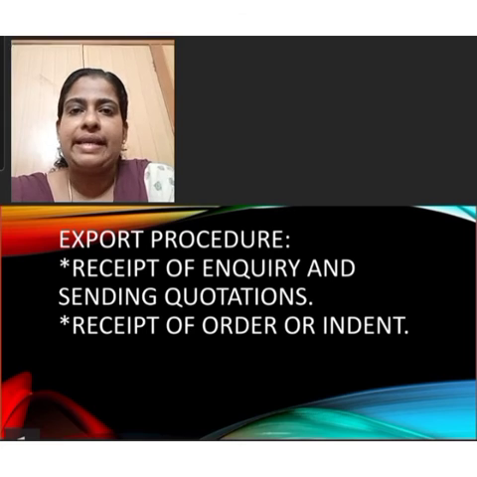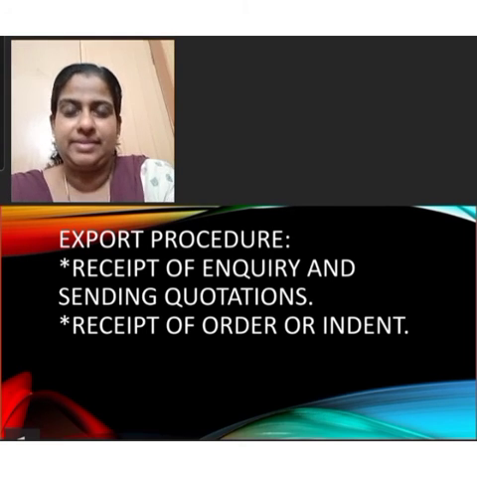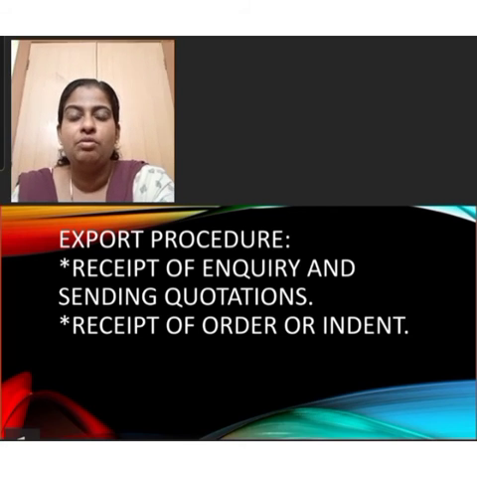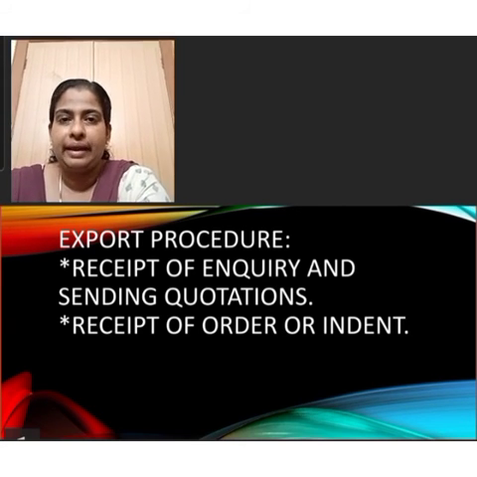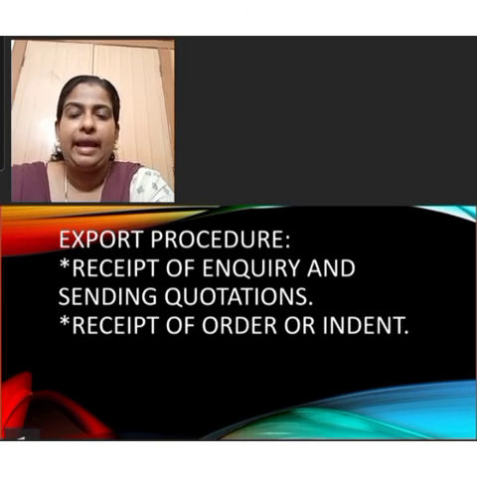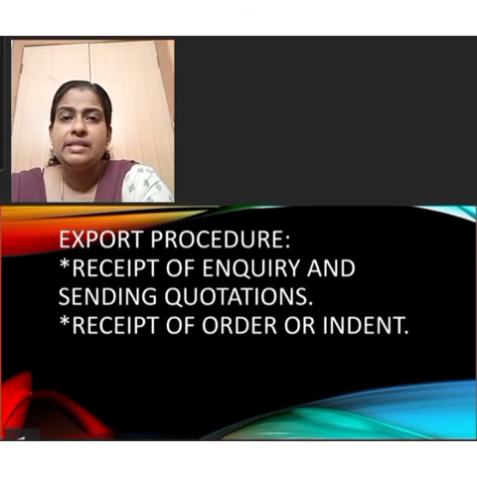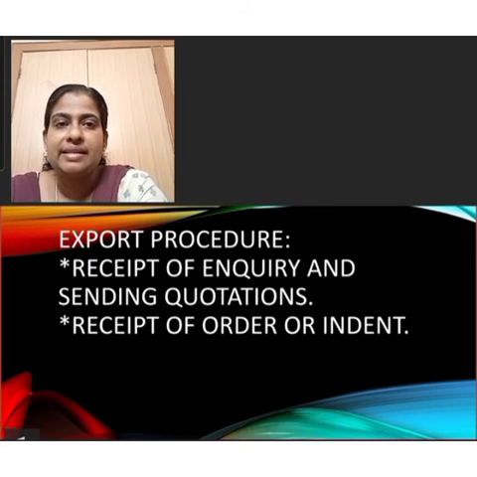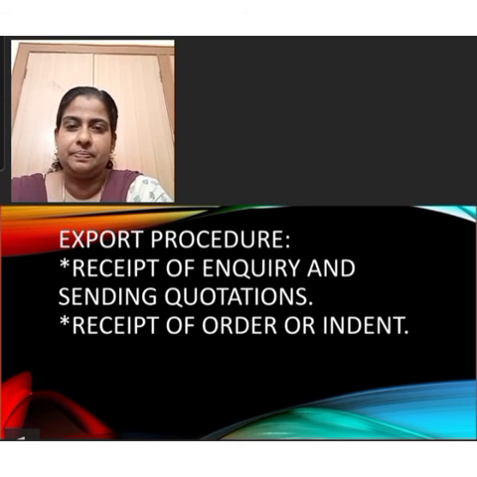The exporter is expected to exercise his best judgment in this choice of goods. The second type is the closed indent. In a closed indent, the importer gives full details regarding the quality and price of the goods to be sent. The exporter is not allowed to exercise his discretion in the choice of the goods or their packing.